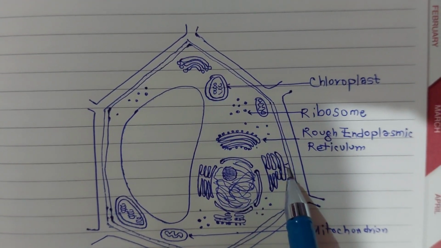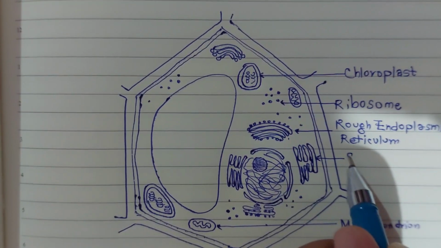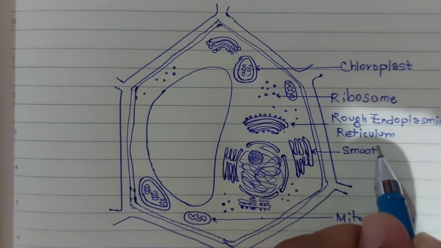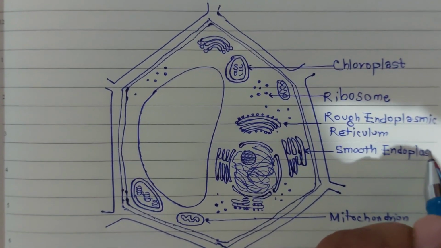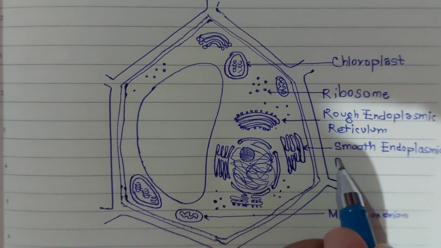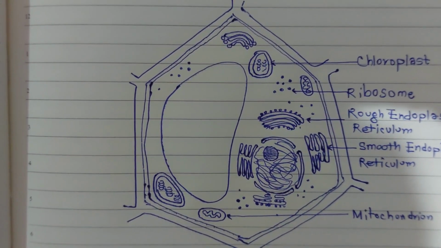Okay, now this endoplasmic reticulum is not having ribosomes on its surface, so we can write it smooth endoplasmic reticulum.